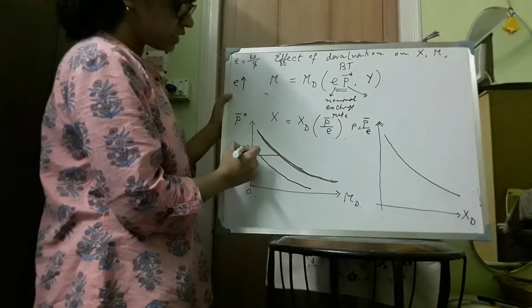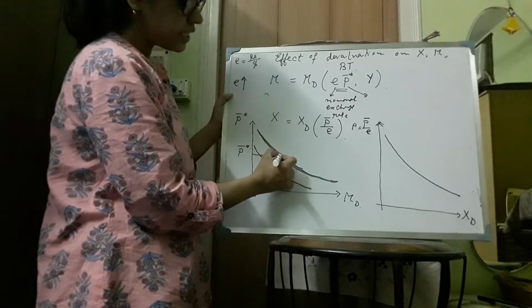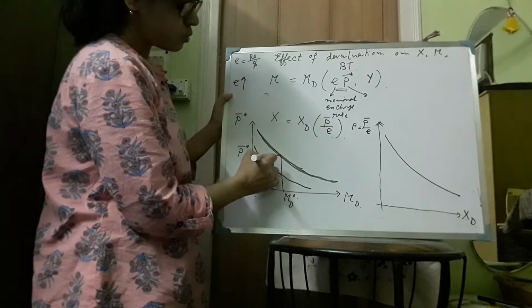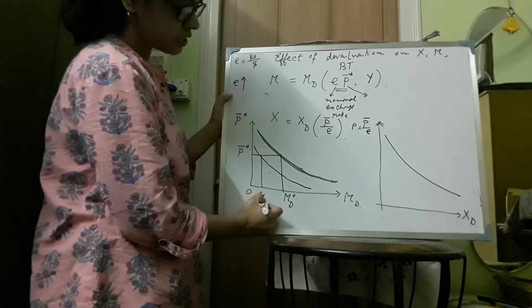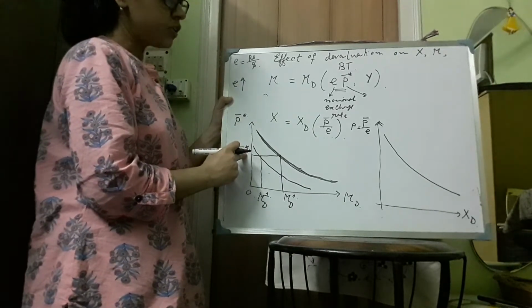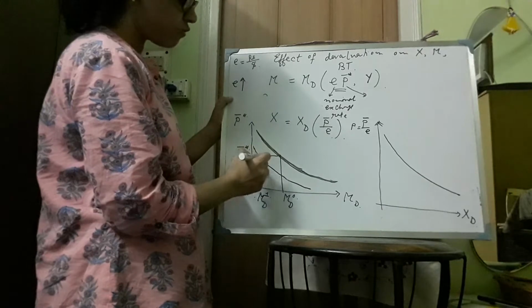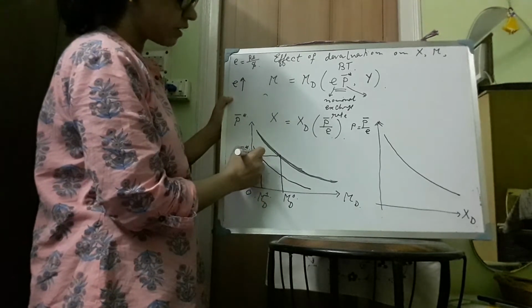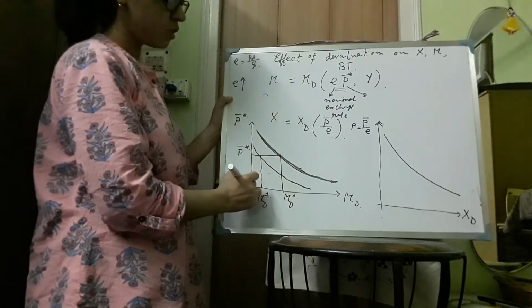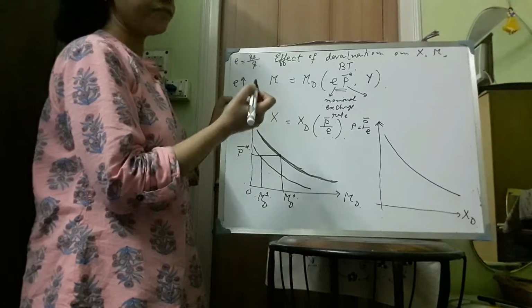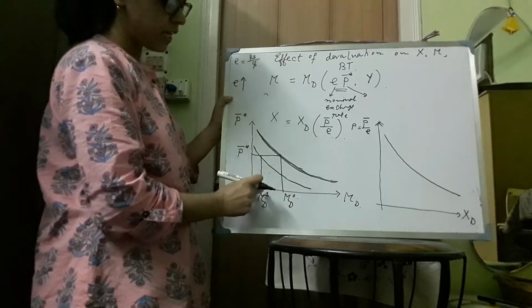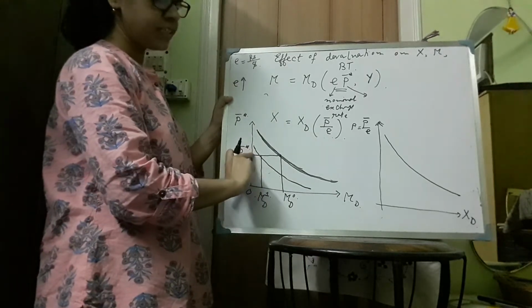At the same P bar star, initially import demand was MD naught, suppose. Now the import demand decreases to MD1, but P bar star remains constant. So what will happen to the volume of import? Initially the volume of import was O P bar star times O MD naught. Because of the devaluation of the rupees, the demand curve shifts downwards, import demand falls, but P bar star remains constant.